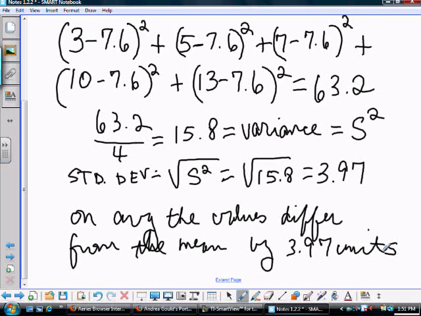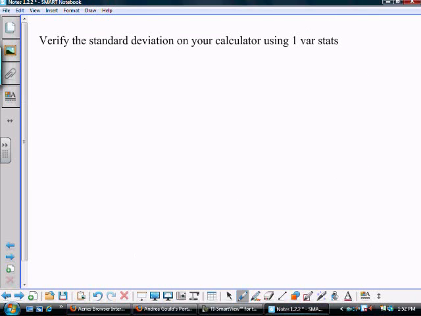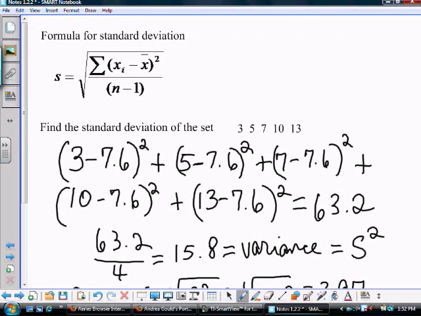Okay? This number also exists in your calculator. See if you can find it. You can find this number in your calculator with 1var stats. So why don't you throw those numbers, the 3, 5, 7, 10, 13?